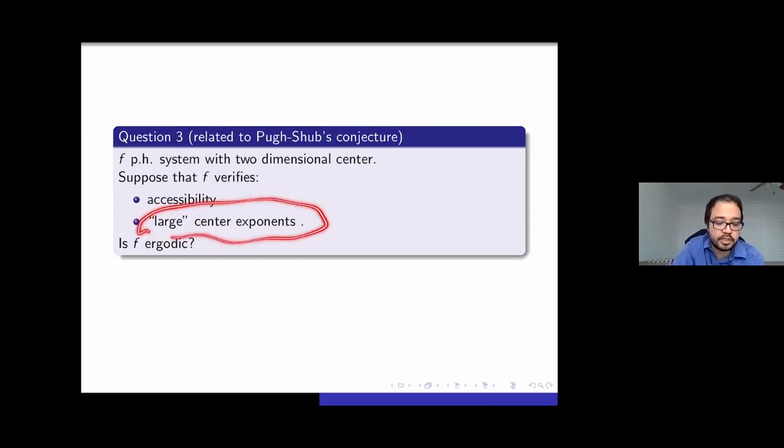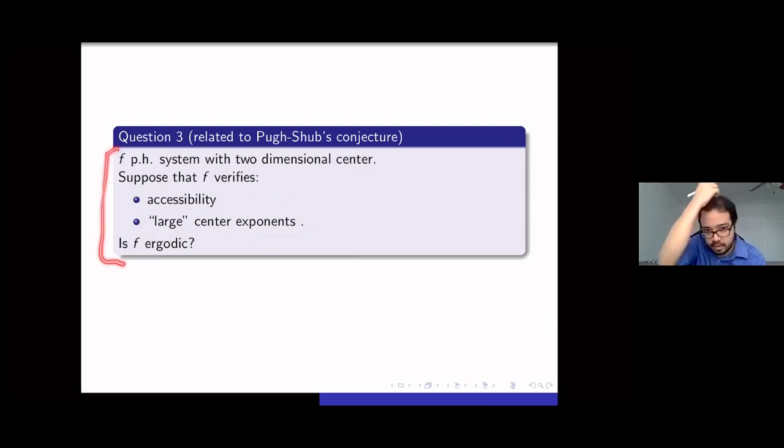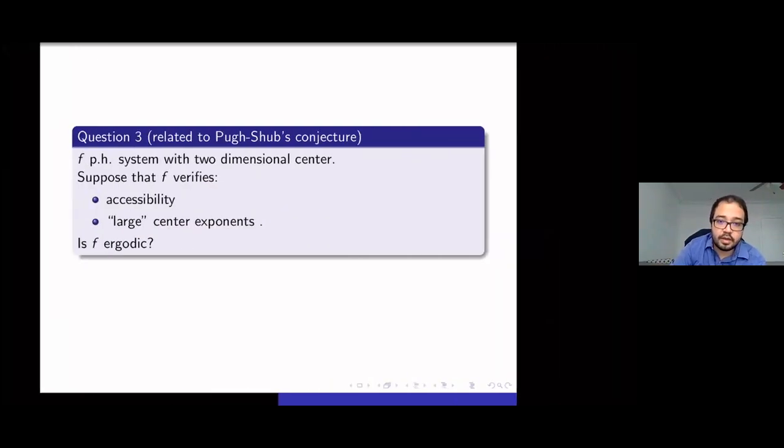So if you assume large exponents, can you say that it's ergodic? So without center bunching, you replace accessibility by a hypothesis of large exponents. This I don't know, but I think something could be said here, but I don't know what.